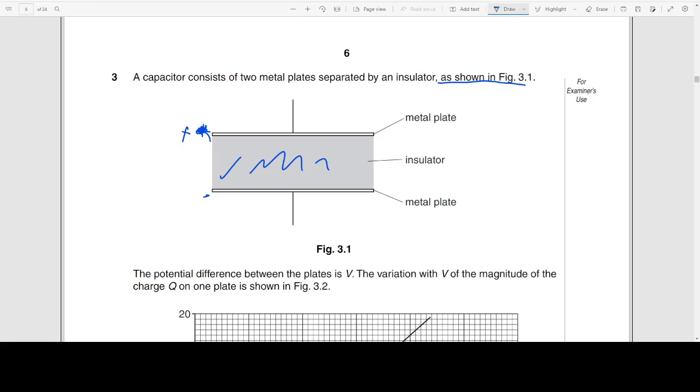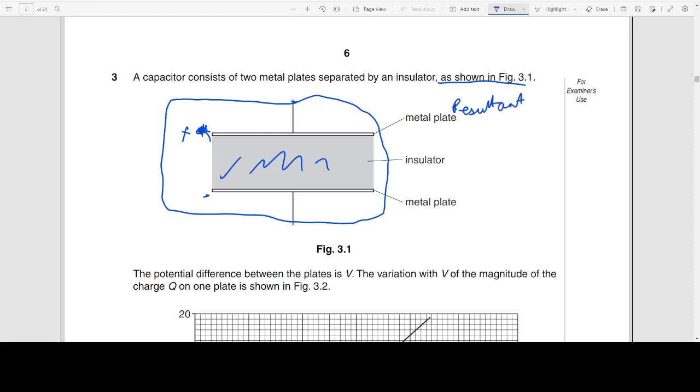But if you look at the overall charge of the capacitor, you'll find that the resultant charge is zero, because the magnitude of the charge on the upper plate is equal to the lower plate. The only difference is the sign.